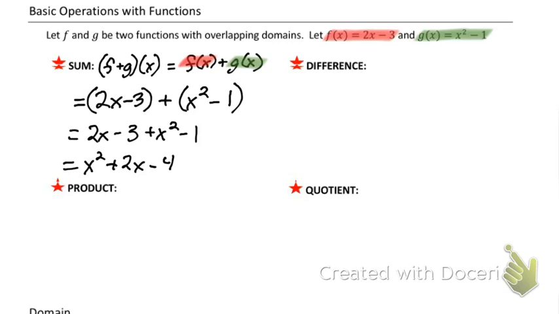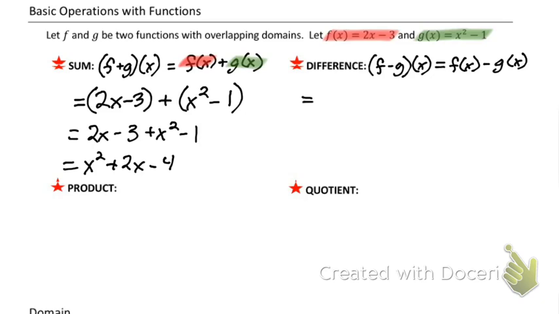The difference is very similar, except we put a negative sign in there. So rather than f plus g of x, we're going to do f minus g of x, which is the exact same thing as f of x minus g of x. Once again, I'm going to replace f of x with our 2x minus 3.